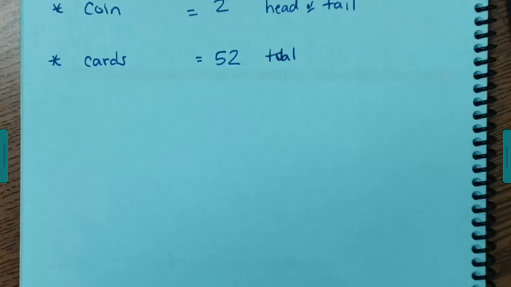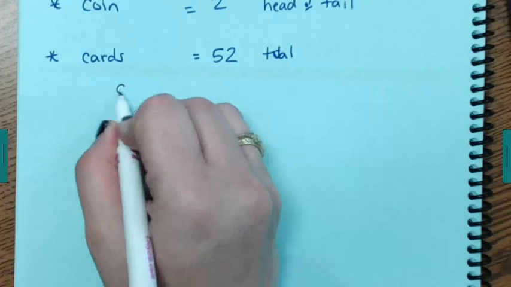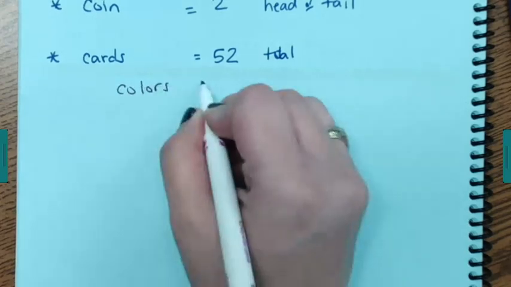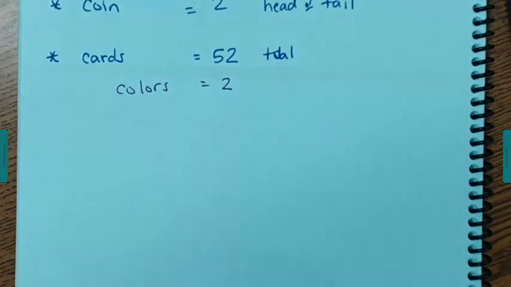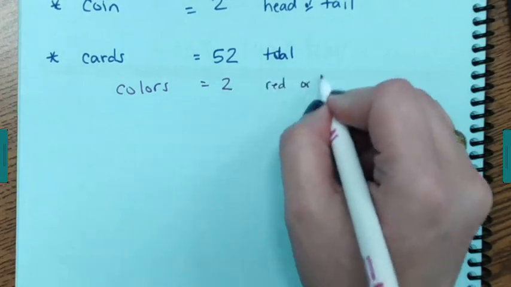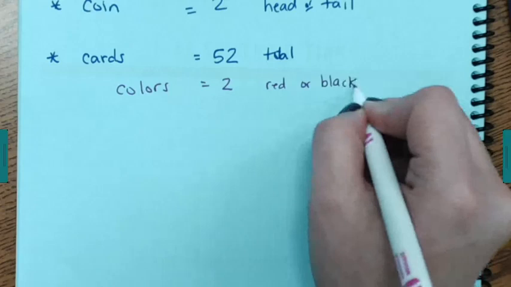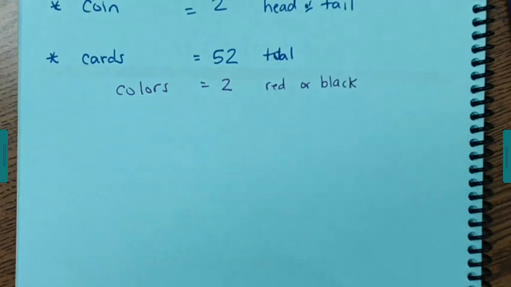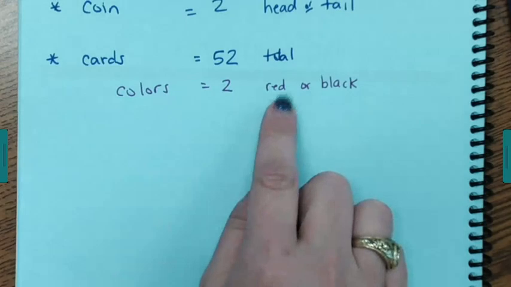Now, within cards, there are several different things. Cards are usually made up of colors, and there are usually 2 colors. It's usually red or black. Sometimes it's blue or black. But red is usually one of the colors and then black.